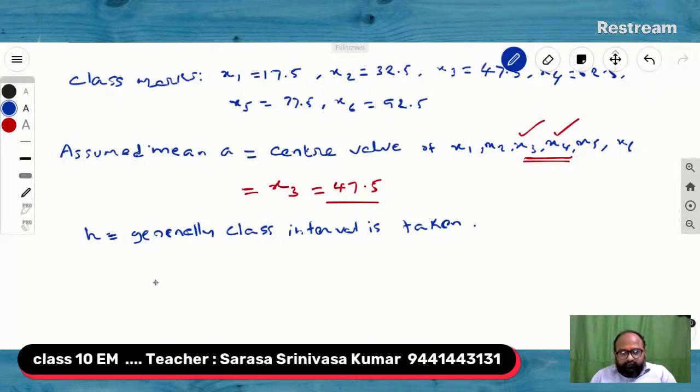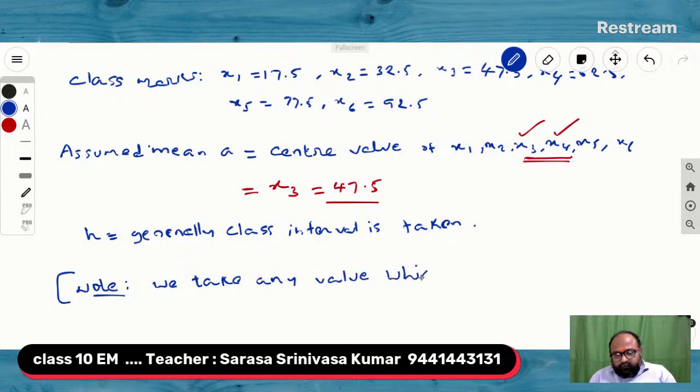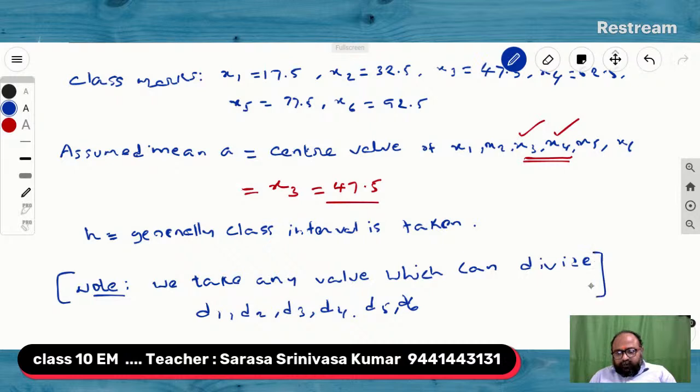We can take any value which can divide d1, d2, d3, d4, d5, d6.